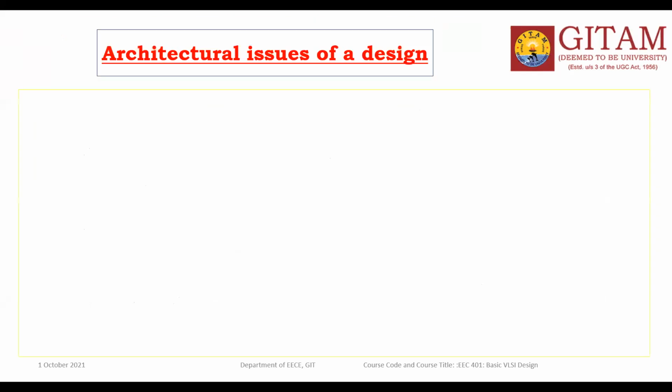Next one is architectural issues of the design. What are the architectural issues of a design? We will discuss that now. First, in the design of a VLSI system, a logical and systematic approach is essential, otherwise it takes a long time. There must be a structured design procedure.